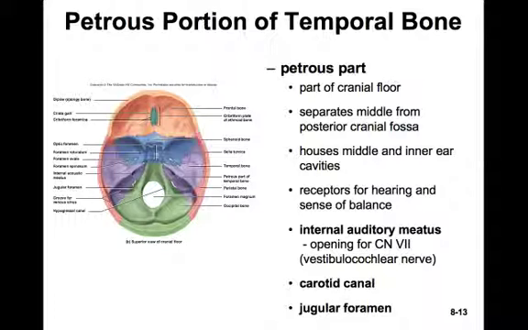In here, we have receptors for hearing as well as a sense of balance. You can see also the internal acoustic or internal auditory meatus. This is the opening for cranial nerve 7, which is a vestibulocochlear nerve. You'll also see the carotid canal and the jugular foramen. In this picture, the jugular foramen is much easier to see.